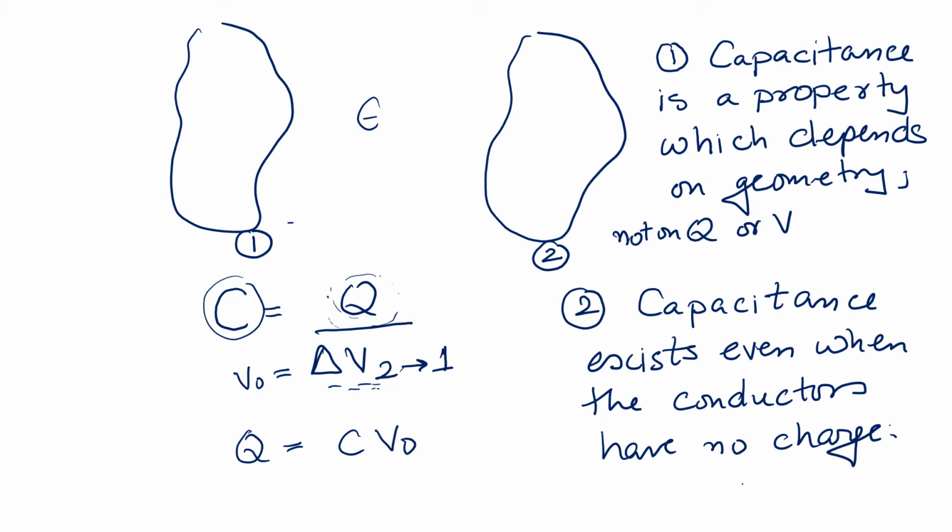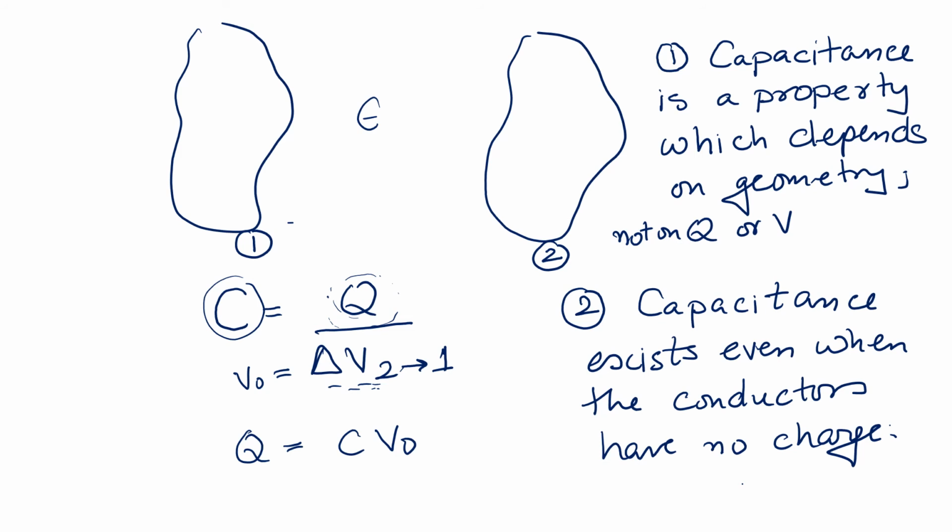Just like me, my mass exists even if I go to a region where there is no gravity. My weight there would become zero, but my mass would still exist there. That mass is an inherent property belonging to me. How it manifests itself into a force depends upon what gravity I am in.